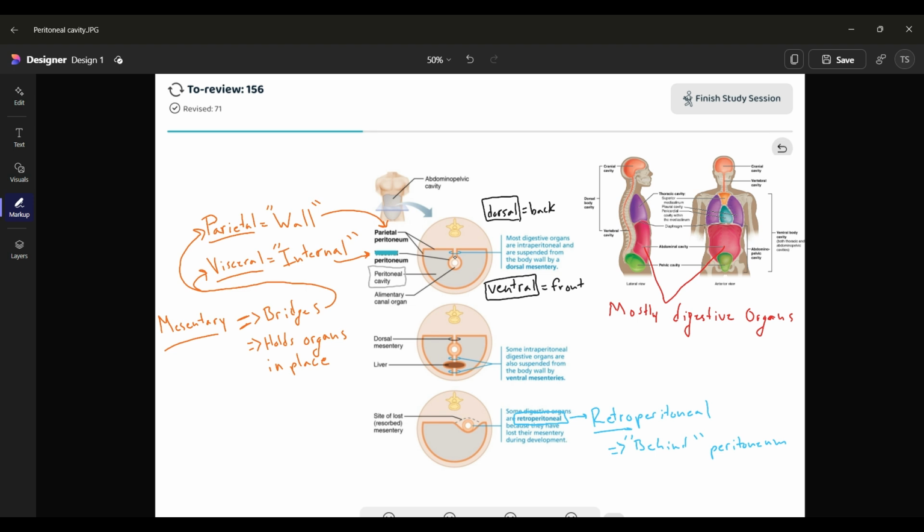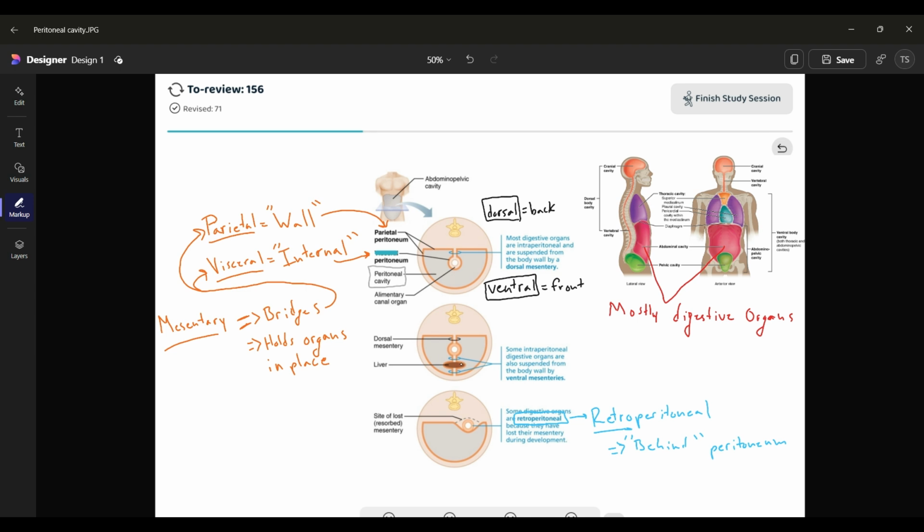So that's super important, and you can have them attaching to this back portion of the parietal peritoneum, and when it goes towards the back, then it's known as a dorsal mesentery. So dorsal means the back. So dorsal mesentery is basically the bridge connecting the organ to the back of the parietal peritoneum.